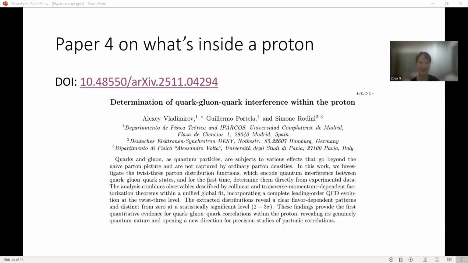More than halfway done. So paper 4, determination of quark-gluon-quark interference within the proton, by Vladimirov, Portela, and Rodini. Yeah, this paper talks about the interactions of hadrons and something called the parton distribution function.